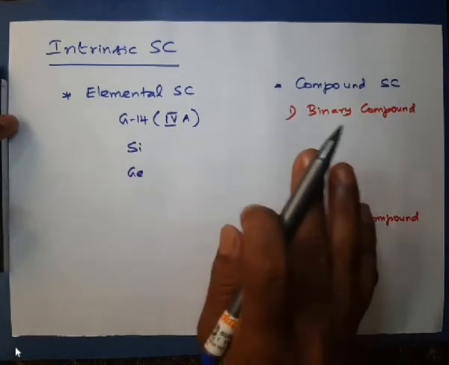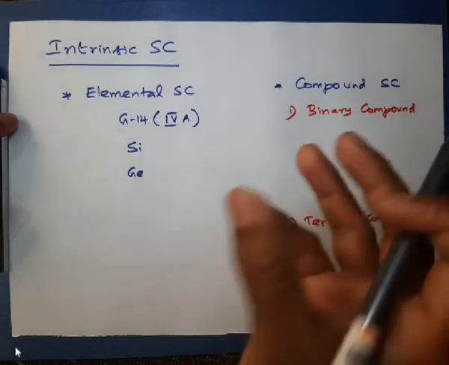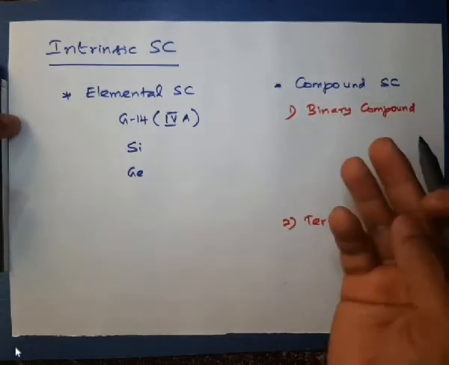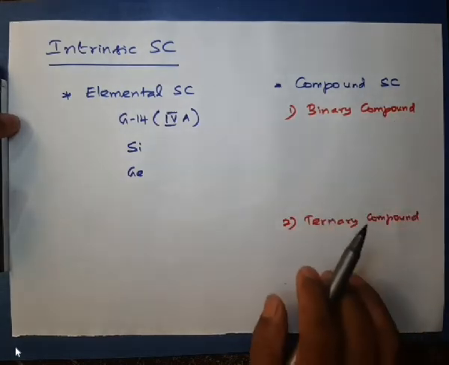It's not just a mixture. You take two different elements, combine them and form a compound. That binary compound is a pure crystal that will act as a semiconductor.